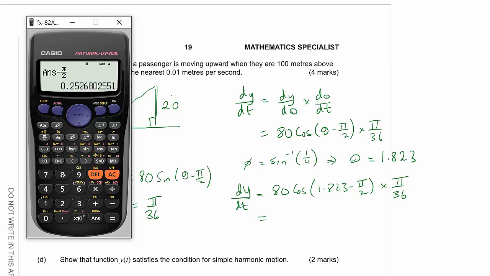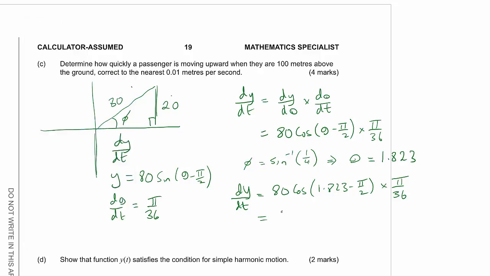Okay, so I want 80 times cosine of that last answer, and then we'll multiply that by pi upon 36. It gives me 6.76 meters per second.